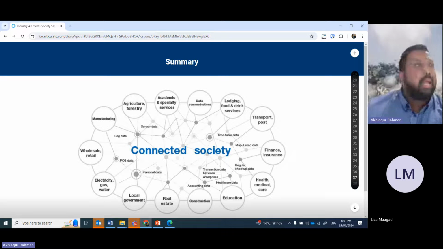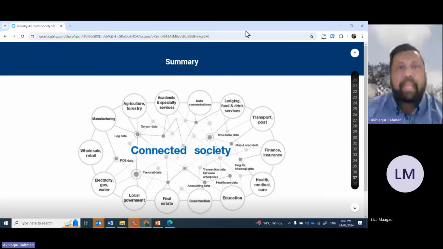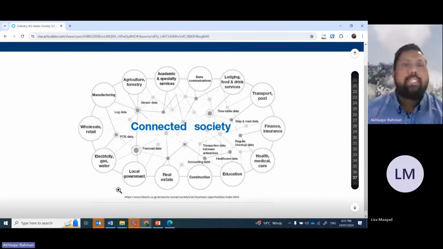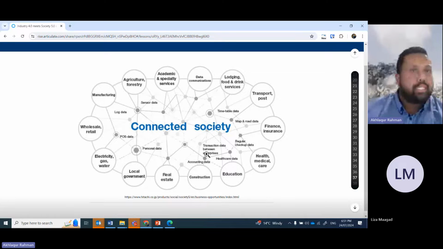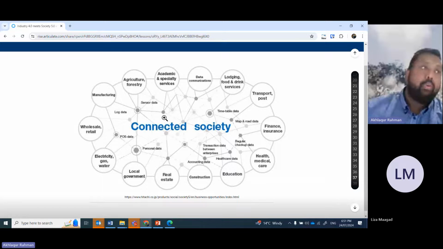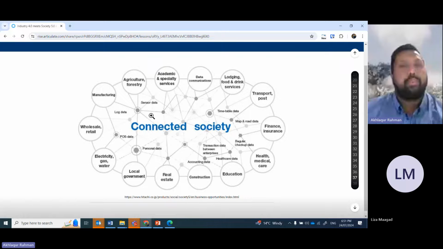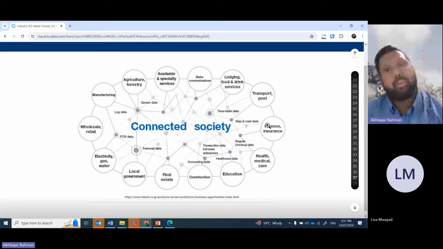So if I were to summarize, what I'm trying to say is a connected society where societal needs along with industrial technologies can work together. That's the goal of how Industry 4.0 will meet Society 5.0. That's how it can happen together.